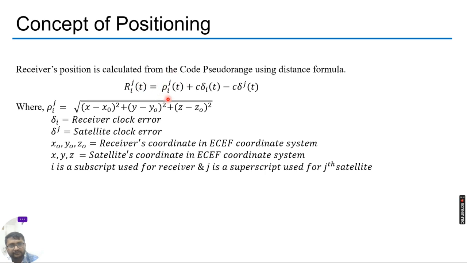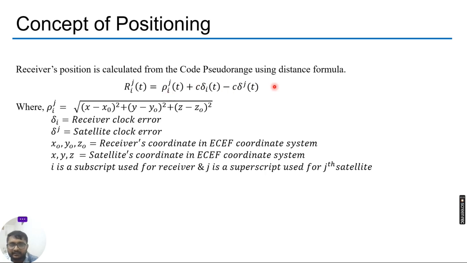The first term is the observable we are getting, delta, which is the distance between the receiver and the satellite: the square root of (x minus x naught) squared plus (y minus y naught) squared plus (z minus z naught) squared. We get this from the satellite, and measure it according to the earlier two ways we discussed, code pseudo-range or phase pseudo-range.